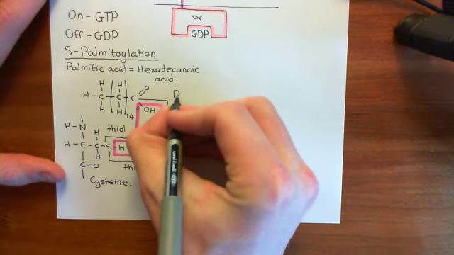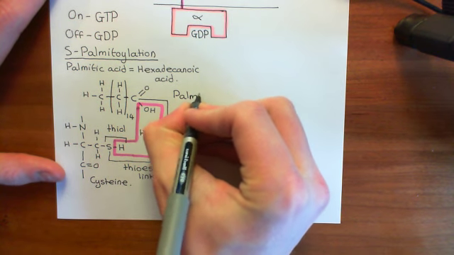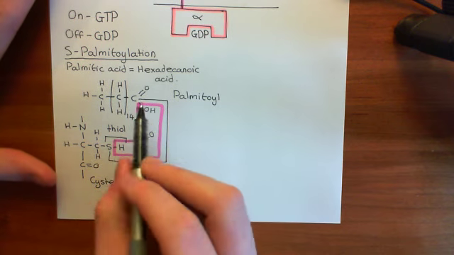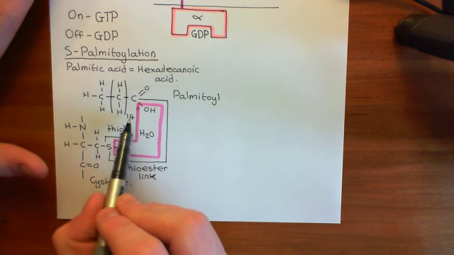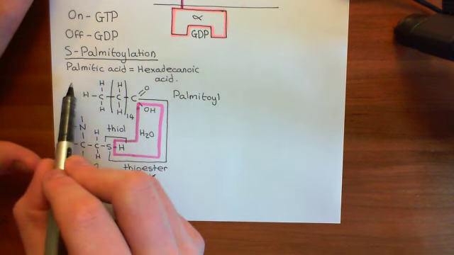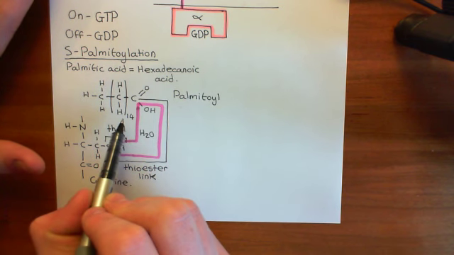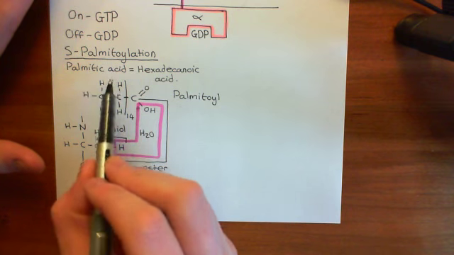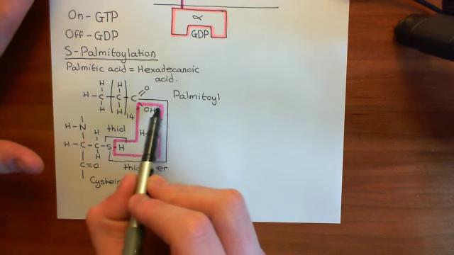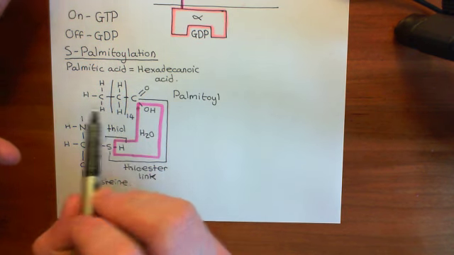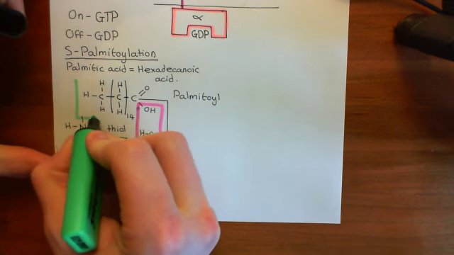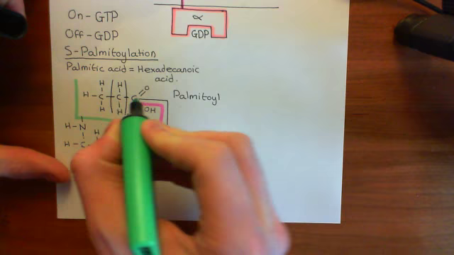Firstly, let me just tell you what a palmitoyl group is. What is the difference between palmitoyl and palmitic acid? Basically, you will notice that the portion of the palmitic acid that we have added on is not the entire molecule. We don't quite add on the full palmitic acid molecule. Instead, we don't add this alcohol group here. The portion we add on is this portion that I'm now circling in green.